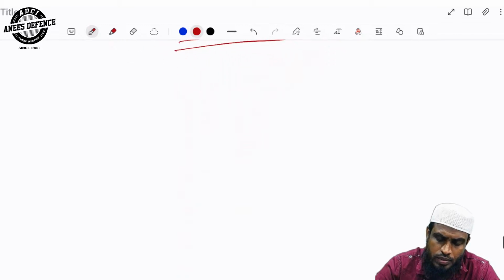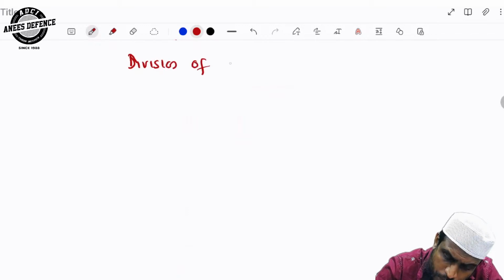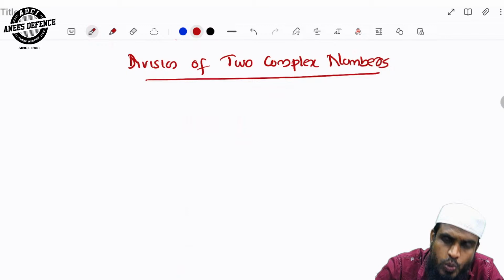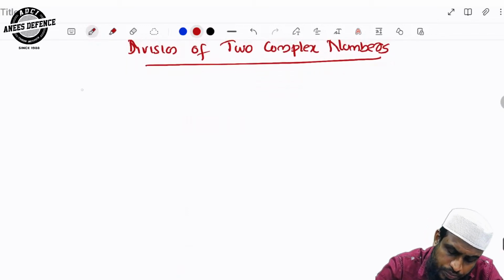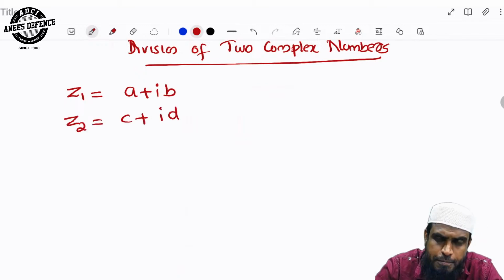Now, division of two complex numbers. For example, Z1 equal to A plus iB, Z2 equal to C plus iD.